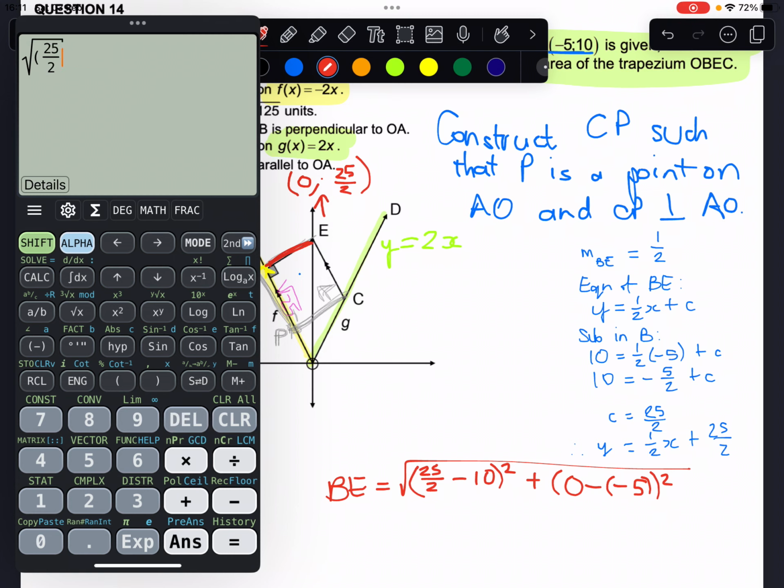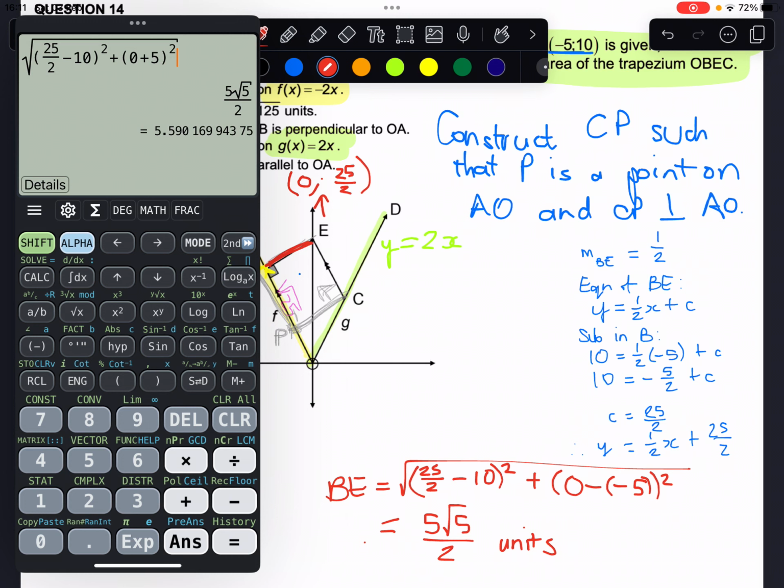So that's 25 over 2 minus 10, and 0 minus, which is just plus 5. All right, so we end up with, I'm just going to keep it in surd form, 5 root 5 over 2 units, okay?